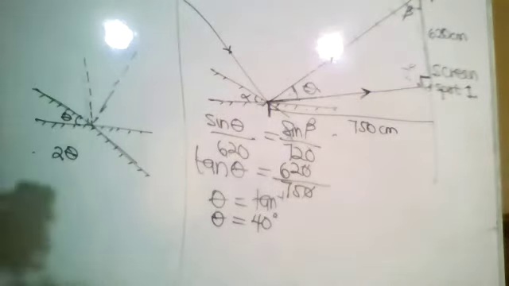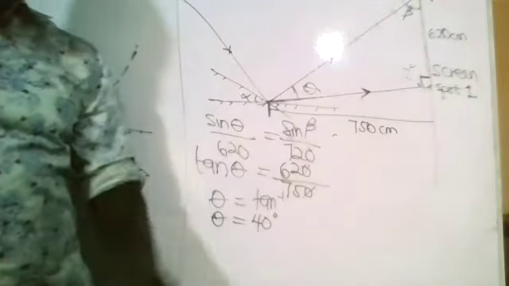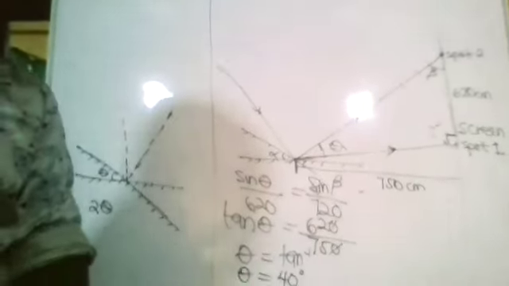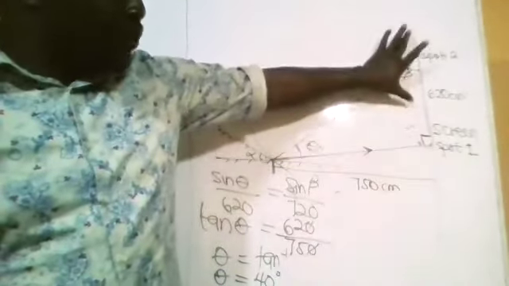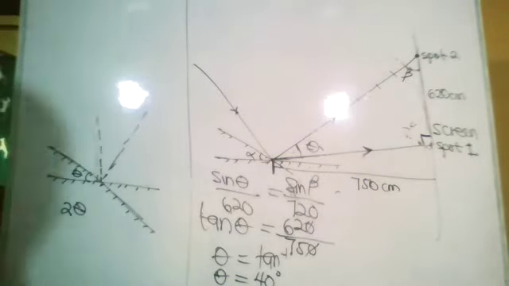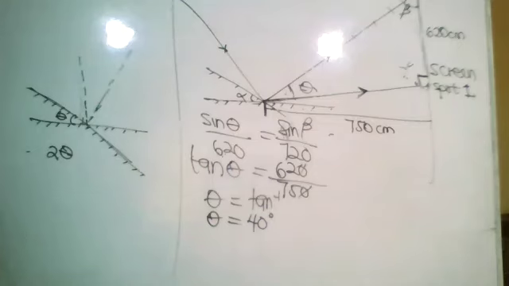So this must be the angle through which the mirror must be rotated within the vertical plane, so that we can have the two spots at this distance or interval. So if theta is equal to 40 degrees, then what must be the angle of rotation of the mirror?